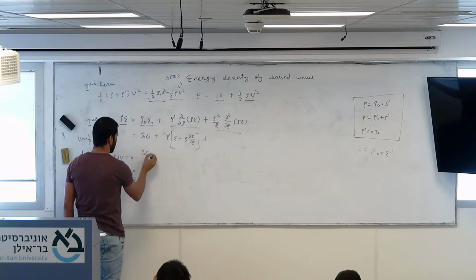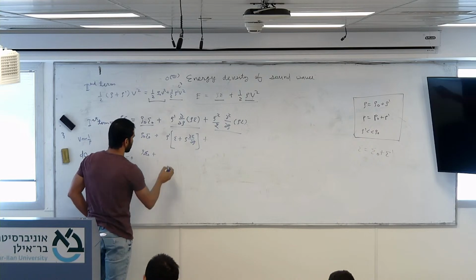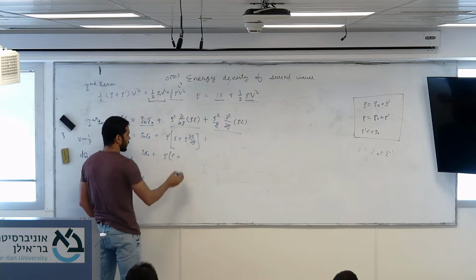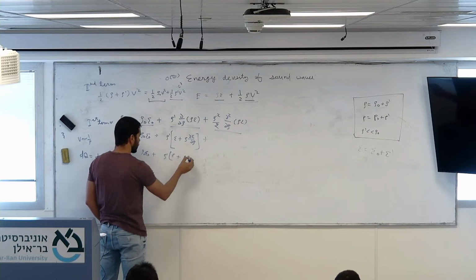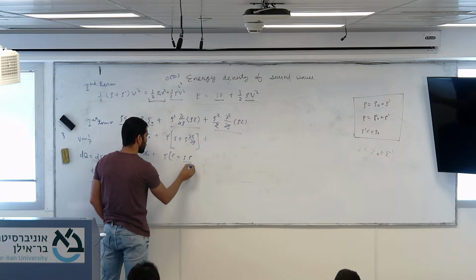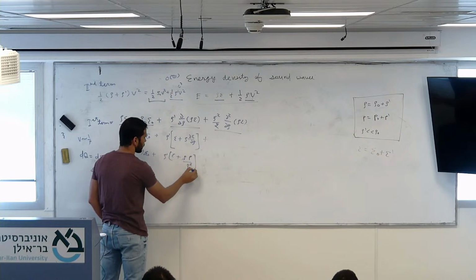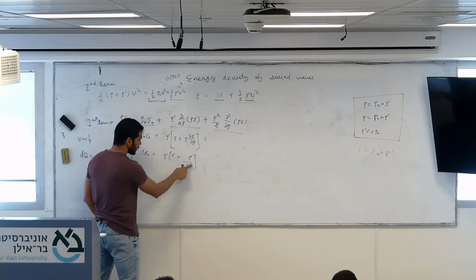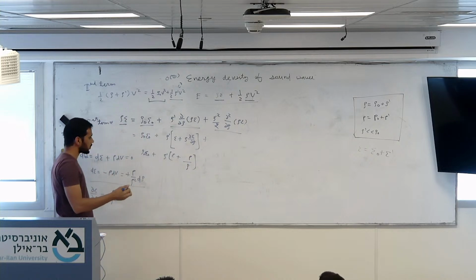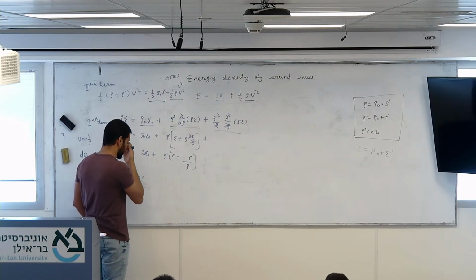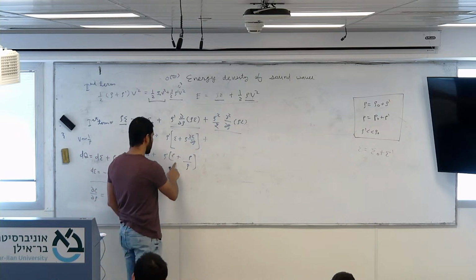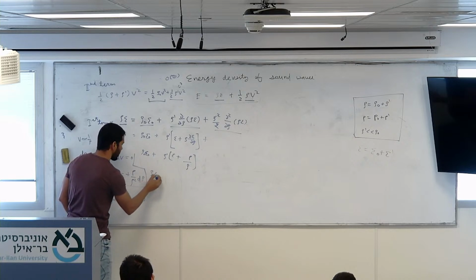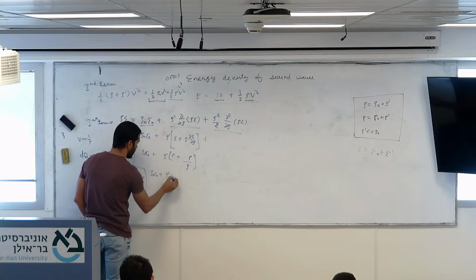So rho 0 plus rho prime, rho cancels. So this is simply E plus P by rho. What is E plus P by rho? Specific enthalpy. So this is only W. So I write it like this.